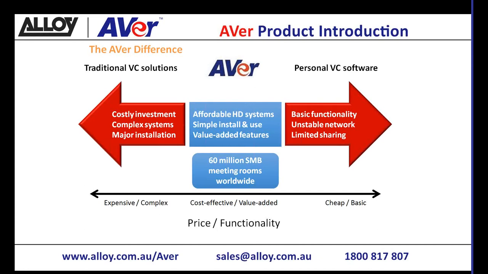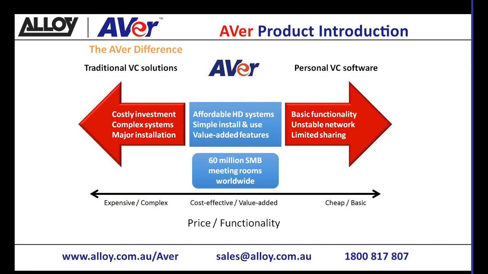Anything over a point-to-point system, you need to have your centralized MCU sitting on the internet somewhere, and they're extremely complex to configure, and you need to have an IT administrator there to actually set up a conference and allow you to run a conference.